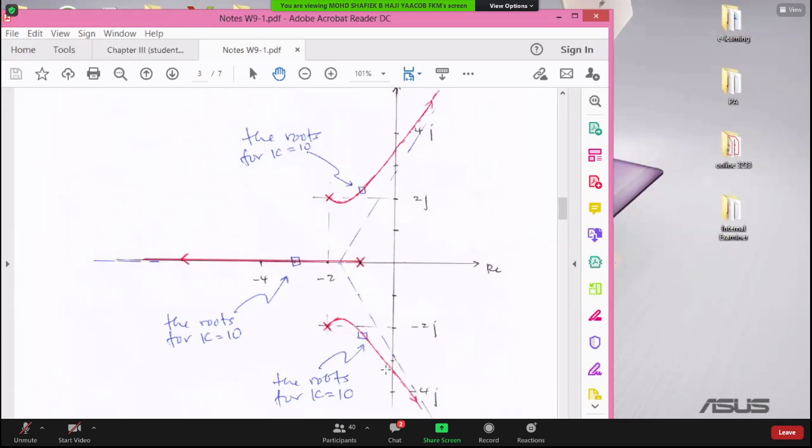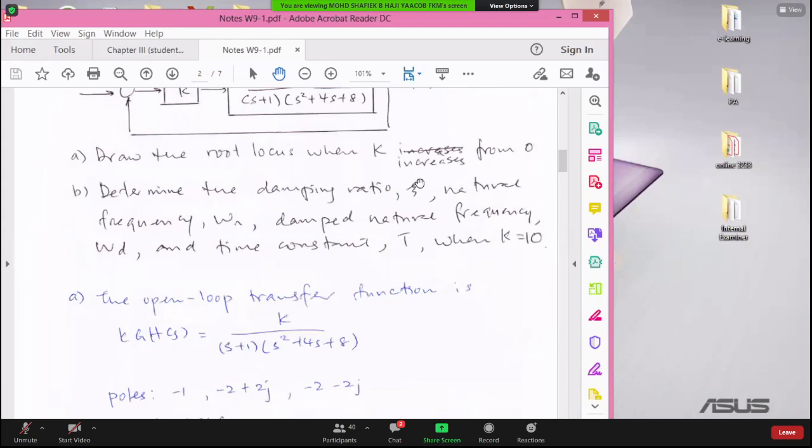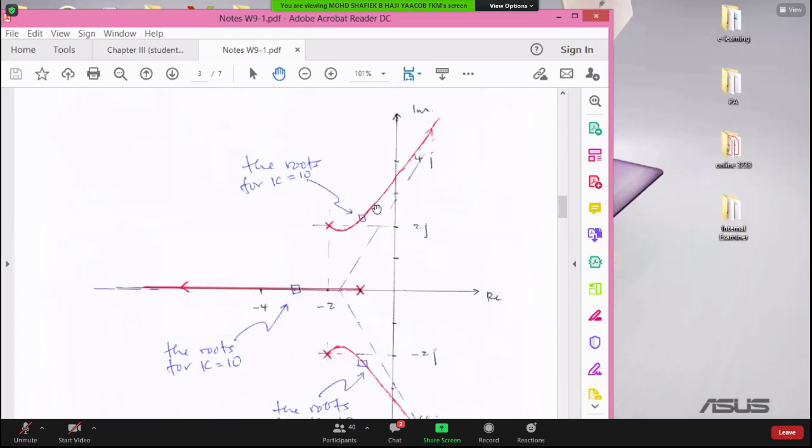How do you get the damping ratio, natural frequency, and time constant from the roots? We just estimate those quantities from the dominant root. This is the non-dominant root, so just ignore that.